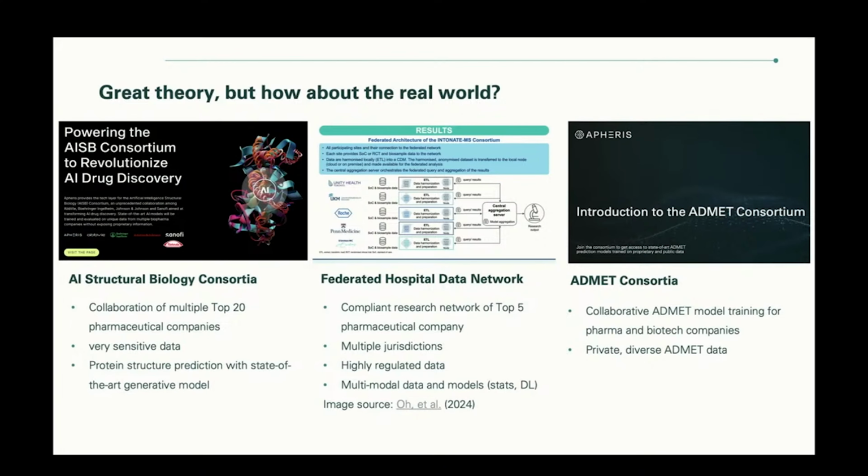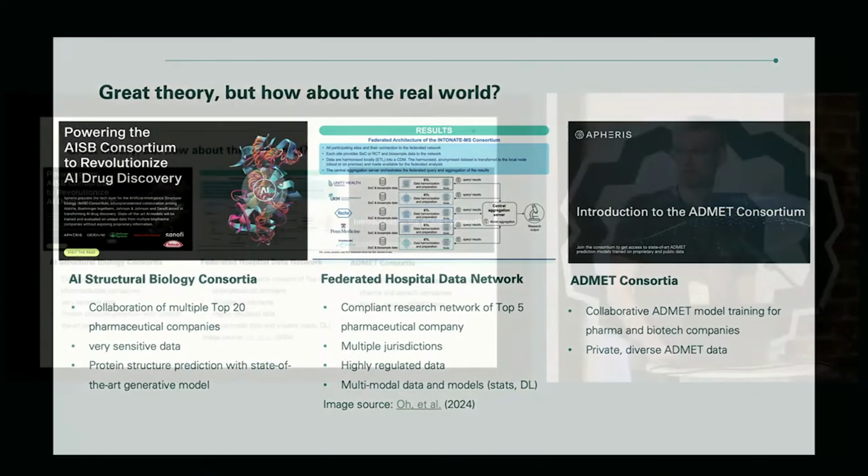And since today I'm allowed to talk a little bit more openly about it, we will use OpenFold 3 in this project. That is powered by AbbVie, Boehringer Ingelheim, Johnson & Johnson, and Sanofi, and now also Takeda. And we want to train a model for protein structure prediction and also binding affinity prediction. And we just announced this project today. So very happy to share this with you today.